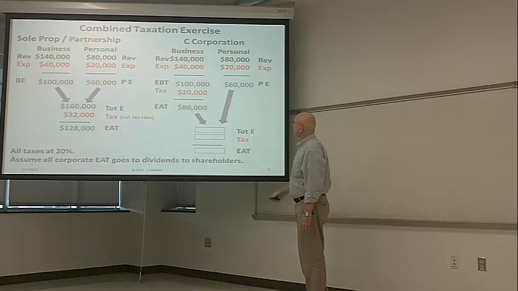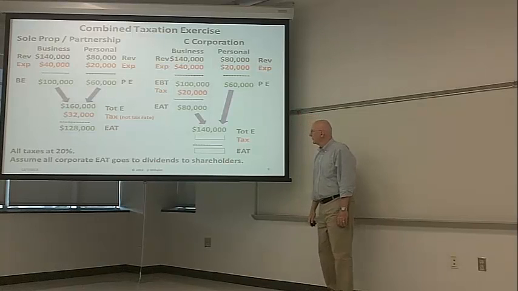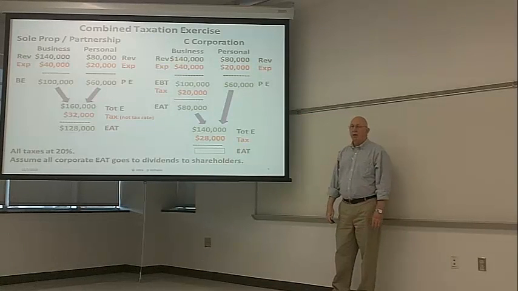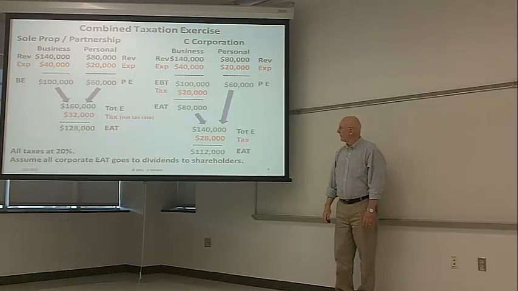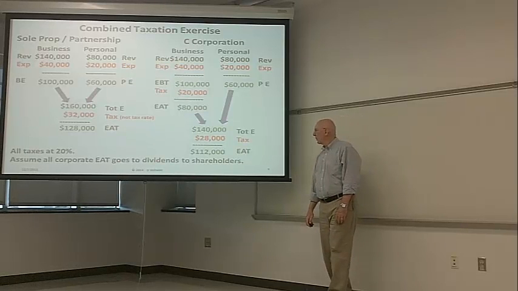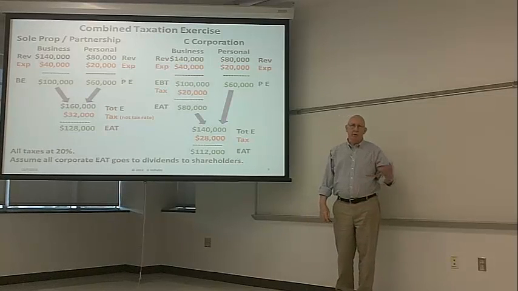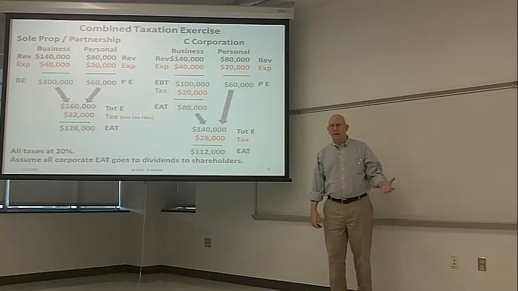Add our personal earnings, so we got $140,000, $28,000 of tax, and we're left with $112,000 earnings after taxes, cash we get to take home.